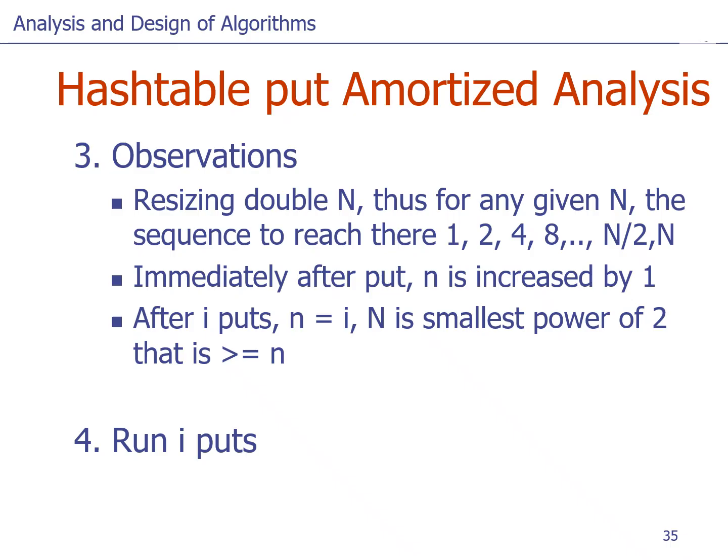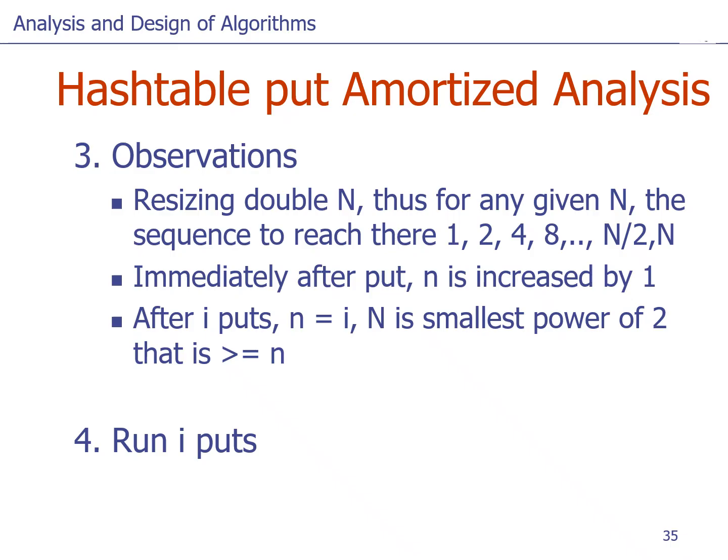Every one of these puts is inserting one element. So if I run the put operation 10 times, regardless of whether it was executing in the slow mode or in the fast mode, I should have 10 elements in the data structure after the 10 operations. So my small n is going to be equal to i, okay?